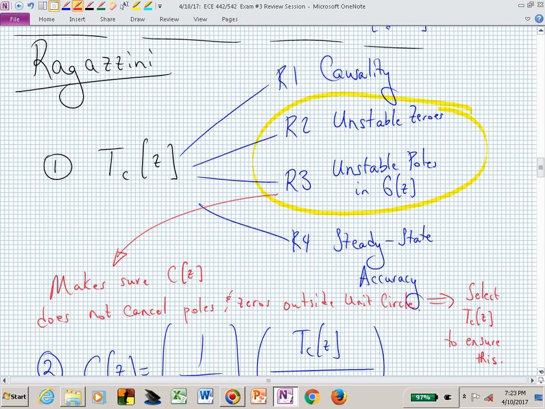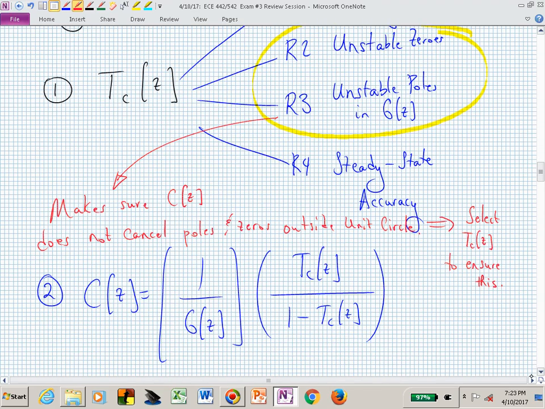If we wanted to, then we could, once we've designed, consider the steady state accuracy spec, which is potentially this. You may want to force the DC gain of your desired closed loop transfer function, T sub c of z, to have a magnitude of 1 when evaluated at z equal to 1.